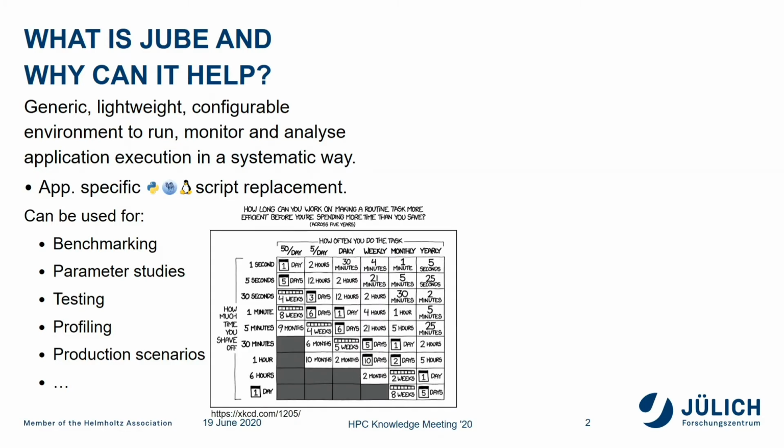So why is it helpful? Here there is this nice XKCD where you can compare how often you need a certain task and how much time is saved when you make this task more efficient. This is also the main idea of JUBE.